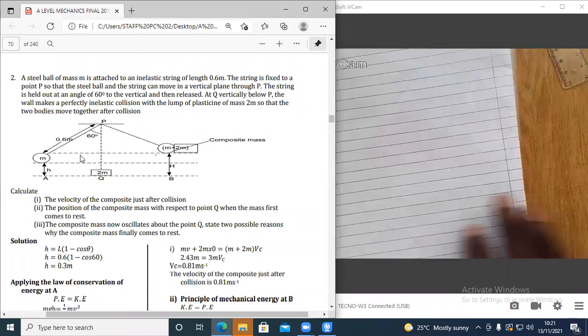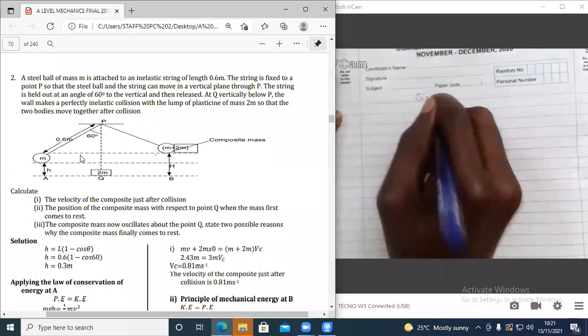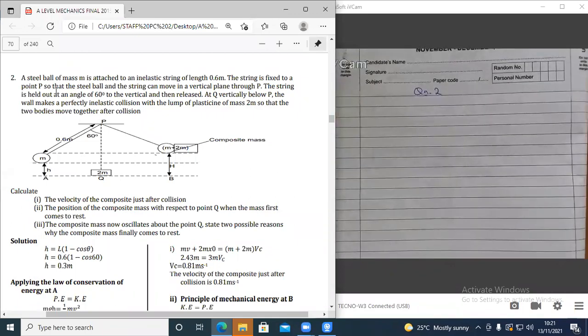The sketch is already there for me. I'm not going to sketch it again. They're saying a steel ball of mass M is attached to an inelastic string of length 0.6 meters.